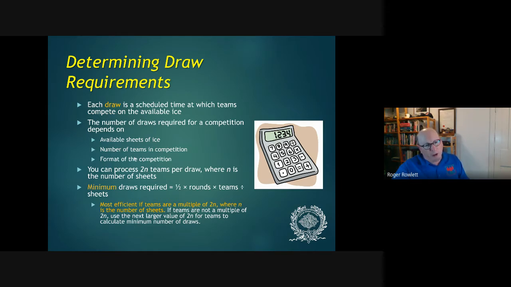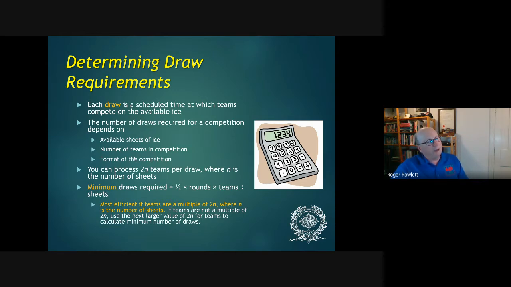Now, if you do this long enough, you'll discover that there are some magic numbers in Bonspiels that make it much easier and more efficient for you to run the competition. And one of those magic numbers has to do with the number of sheets. So if you can arrange your Bonspiel to have a number of teams in it that is a multiple of 2n, where n is the number of sheets.